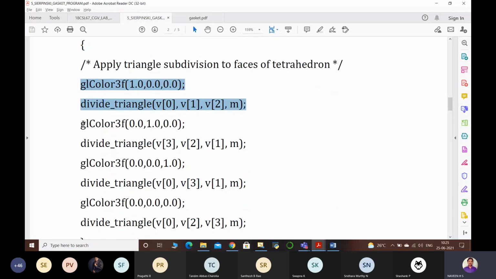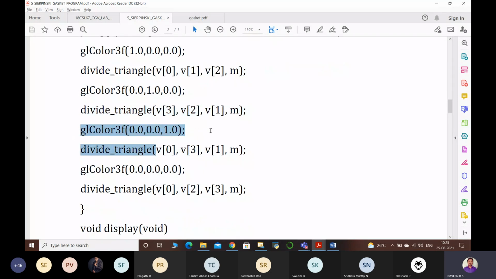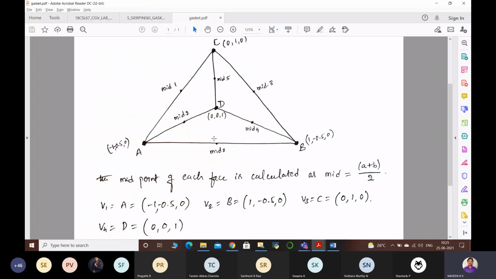The other face will be identified with this color, and this is the input value. Similarly for the other face, another color. So again I'm going to call like this for all 4 different faces, because you can see only 3 faces here, but at the bottom you have one more face. When you look from the bottom, you can identify the base also.